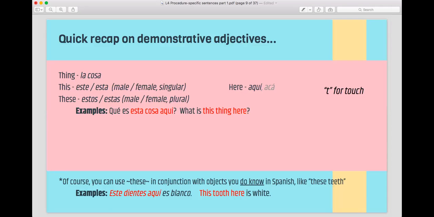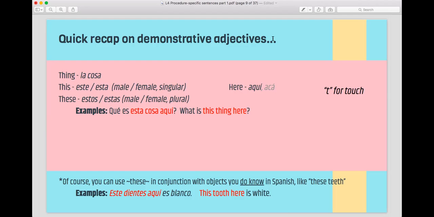And this is also a review of our previous lessons when we were talking about demonstrative adjectives. Thing, la cosa, and then this, you could say este for male or esta for female, and these are both singular. And in the plural, these, it would be estos for male and estas for female.